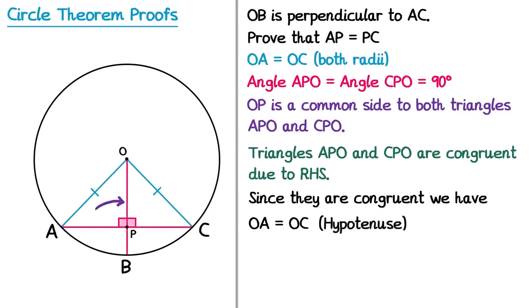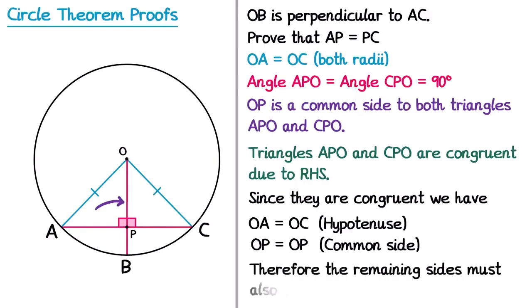And this might seem a bit silly to write down, but they both have the side OP, so OP equals OP, that was the common side, which means the remaining sides that we haven't looked at must be equal in length. The remaining sides on those triangles are AP and PC. So we could write down, therefore the remaining sides must also be equal in length, so AP equals PC, which is what we were trying to prove.